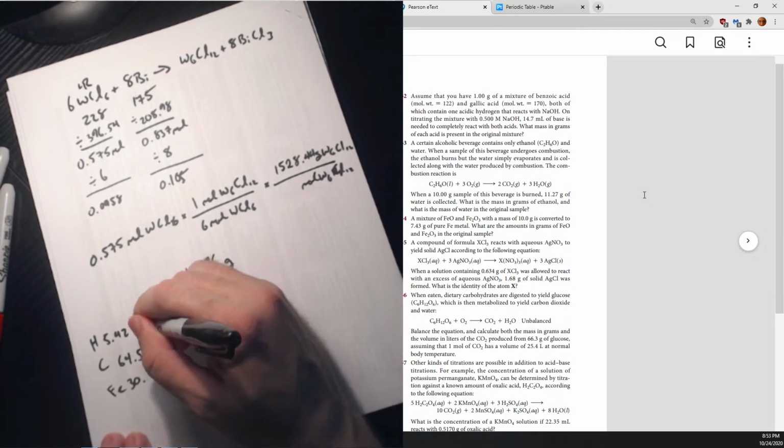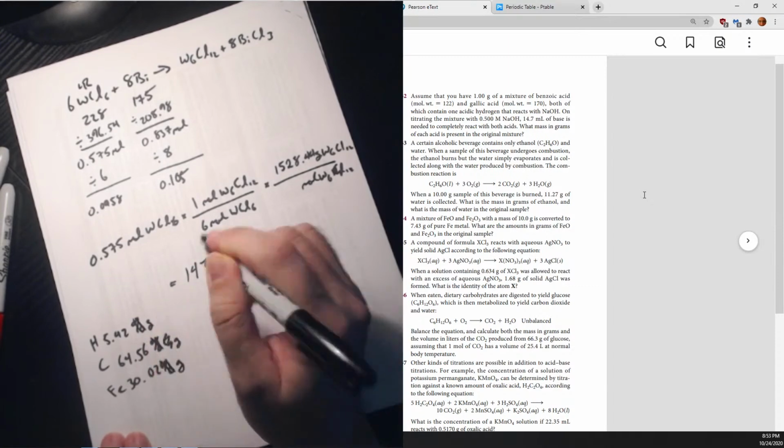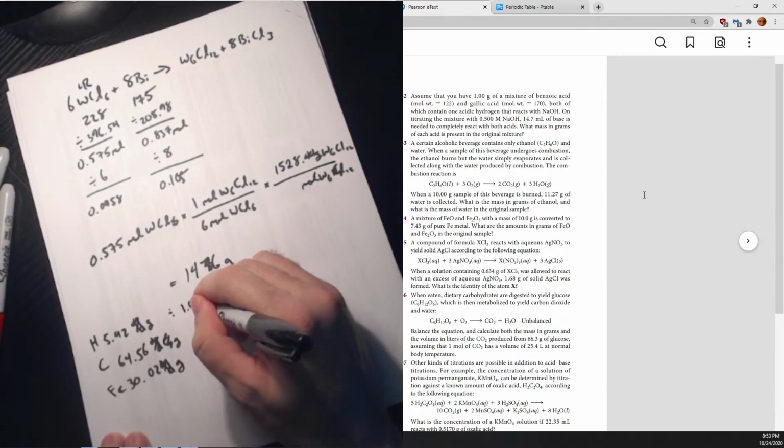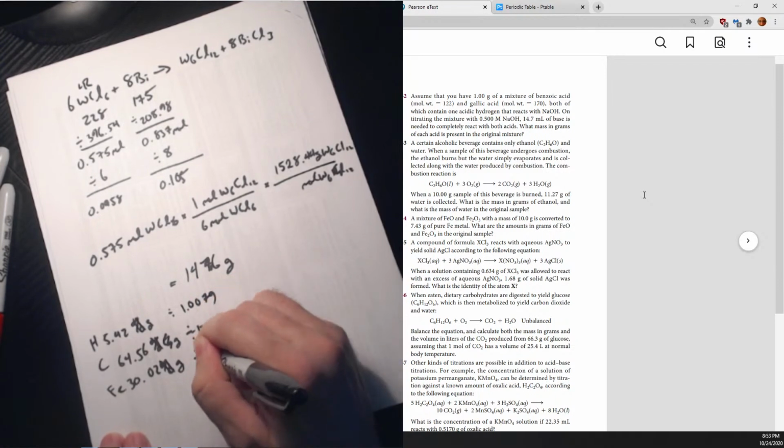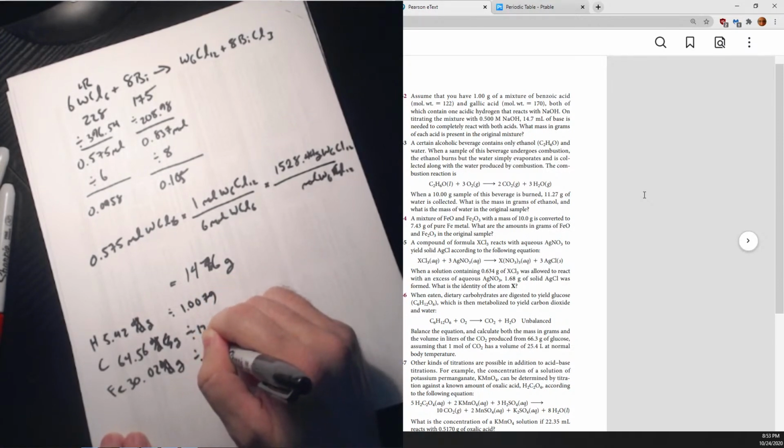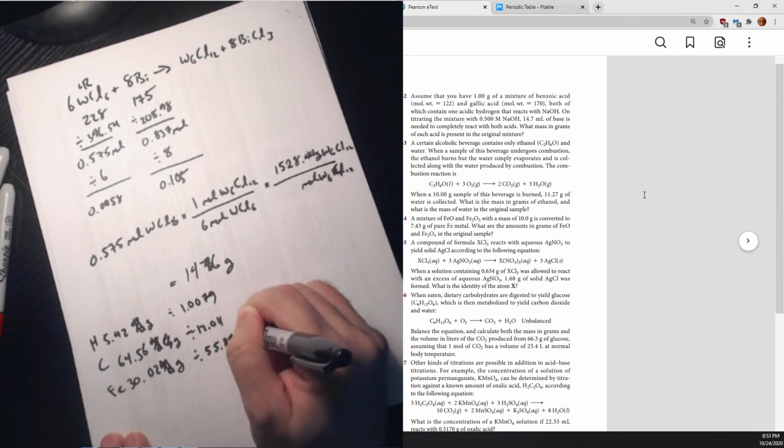So, grams, divided by 1.0079, divided by 12.011, divided by 55.845.